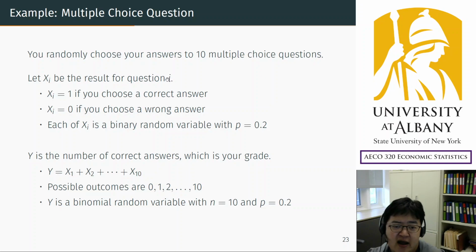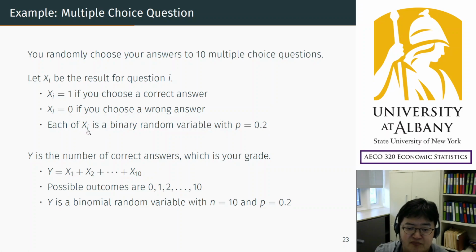For question i, x subscript i is the point you get from question i. You get 1 point if you choose a correct answer, and 0 if you choose a wrong answer. Assume each question has 5 choices, so the probability of choosing a correct answer at random is 20%, 1 out of 5.